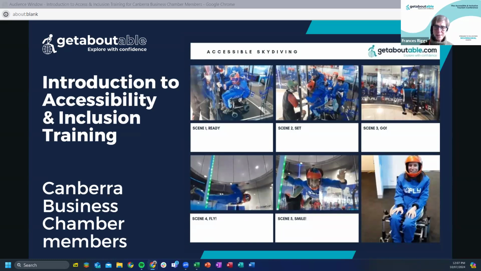On this slide, one of our sponsors at the last Accessible Tourism Conference on the Gold Coast last year, iFly Indoor Skydiving, that includes accessible skydiving, offered flight vouchers. In this slide, you can see a series of pictures of Dr. Yasmin Gray, the founder and director of Getaboutable, who has a disability and mobilises in a motorised chair, enjoying her iFly experience.